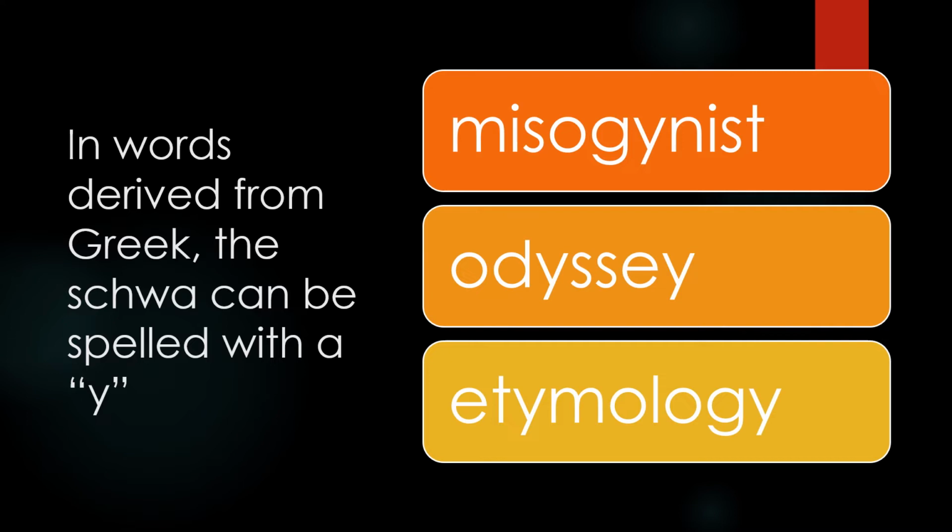It becomes a uh, like the A in America, and the A at the end of the word is also a schwa. So that's like a UH sound. That's the schwa. So it's not misogynist, it's misuh-gynist. It's not Odyssey, it's Odduh-sey. It's not etymology, it's etuh-mology. And again, it is in that unstressed syllable.